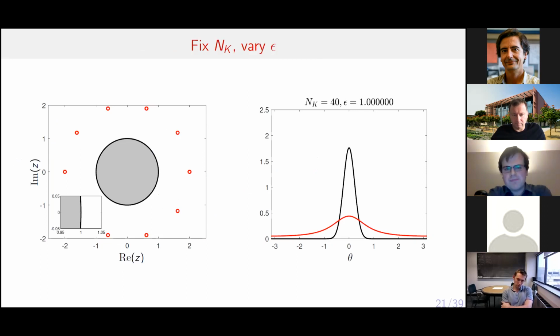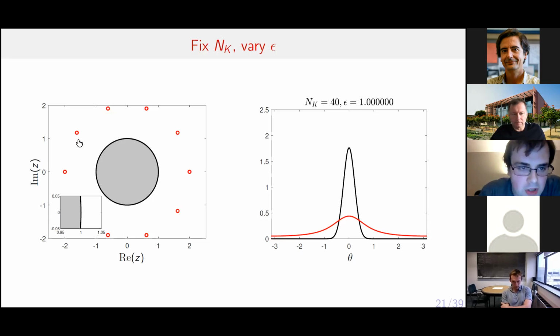So our first idea is to fix the ResDMD truncation size nk and vary the smoothing parameter epsilon. On the right here, black shows the spectral measure, remember, between minus pi and pi, of the infinite matrix, of the Koopman operator. The red shows the smoothed approximation using ResDMD and that convolution formula.